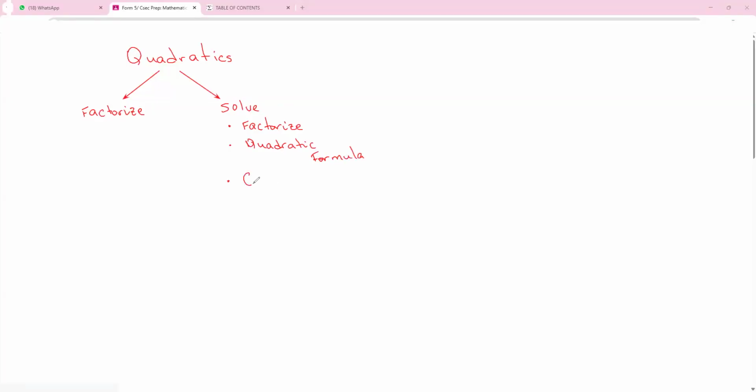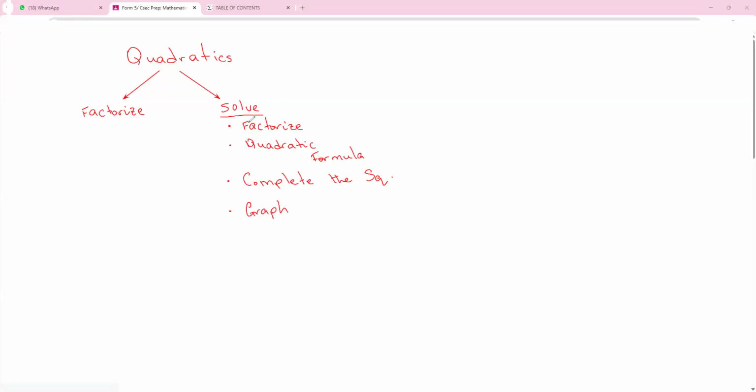We may have to complete the square, or we may have to use the graph. So quadratics, either we may look at it through factorizing, or we may have to solve it. In order to solve, we'll have to either factorize it first, or use the quadratic formula, or complete the square, or the graph.